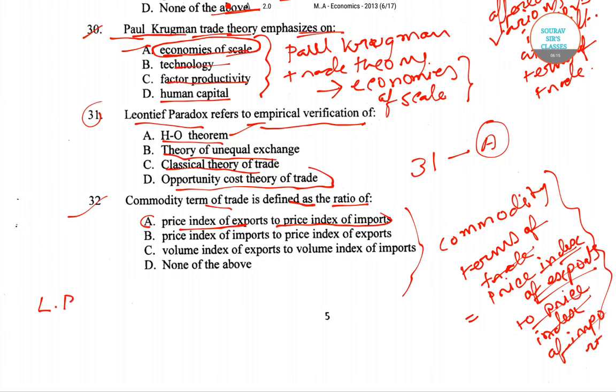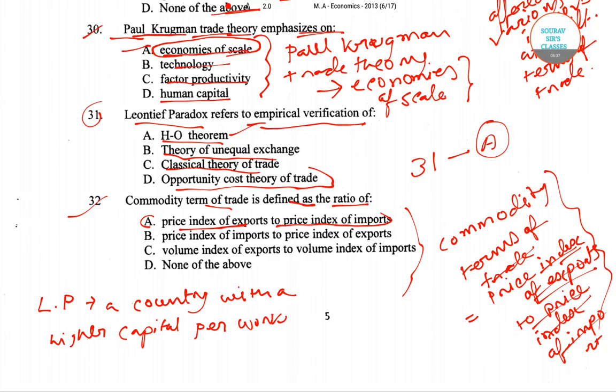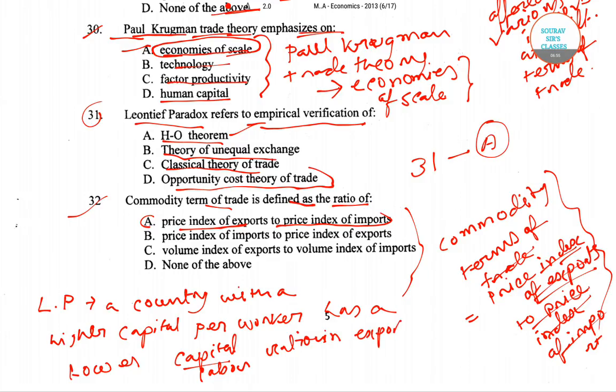The Leontief paradox was about a country with a higher capital per worker having a lower capital per labor ratio in export than in import.